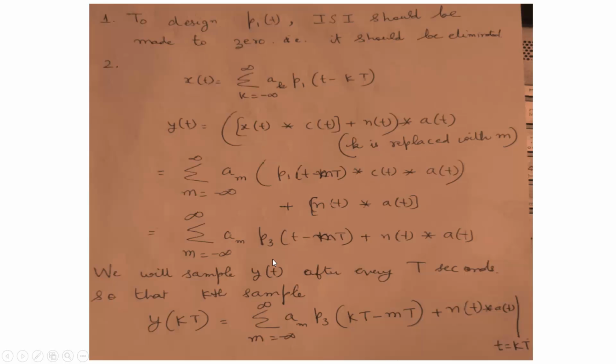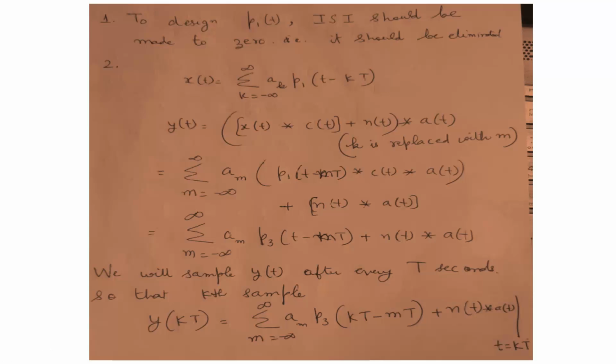So this is the convolution in the time domain, right? This is for the received signal. Now when we are sampling this convolution, we are sampling at every capital T seconds, and we are putting an index k here representing the time instants at which we are sampling.